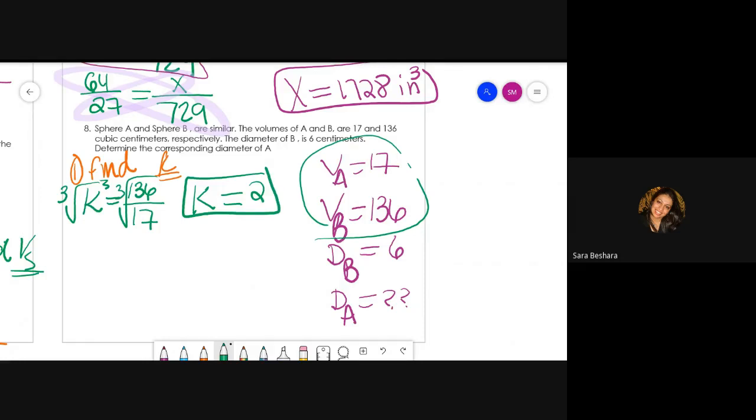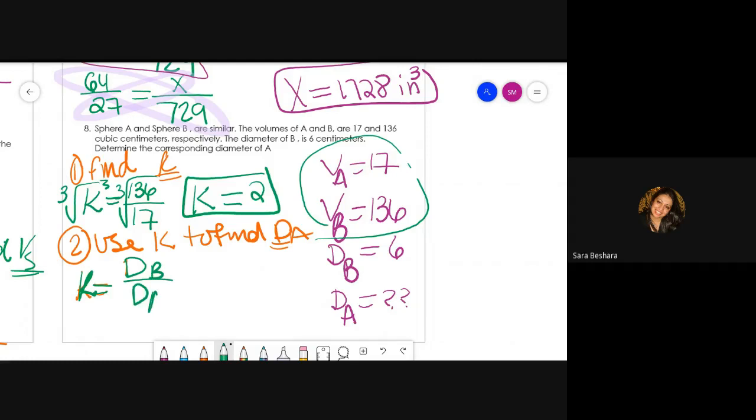Step 2: use K to find the diameter of A. Remember, we did B over A. Therefore, when we set it up, it has to be diameter B over diameter A. So K equals diameter B over diameter A. K is 2.